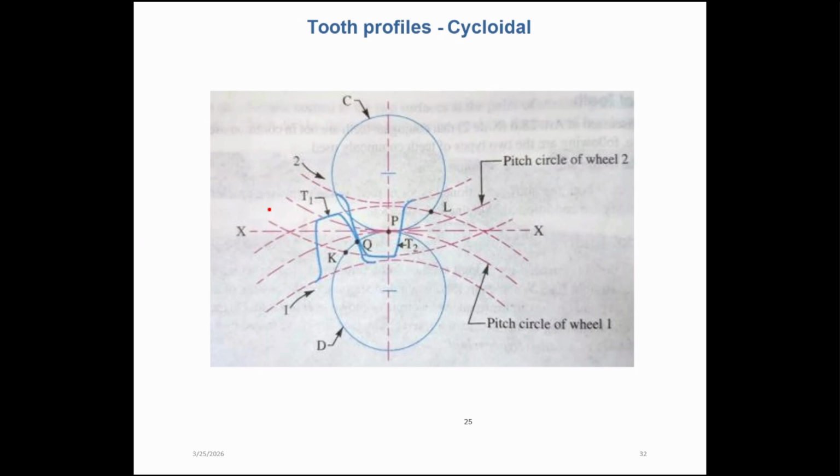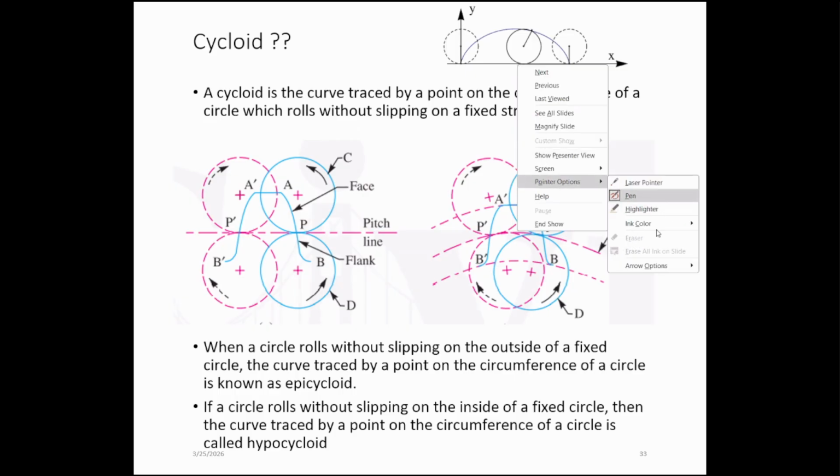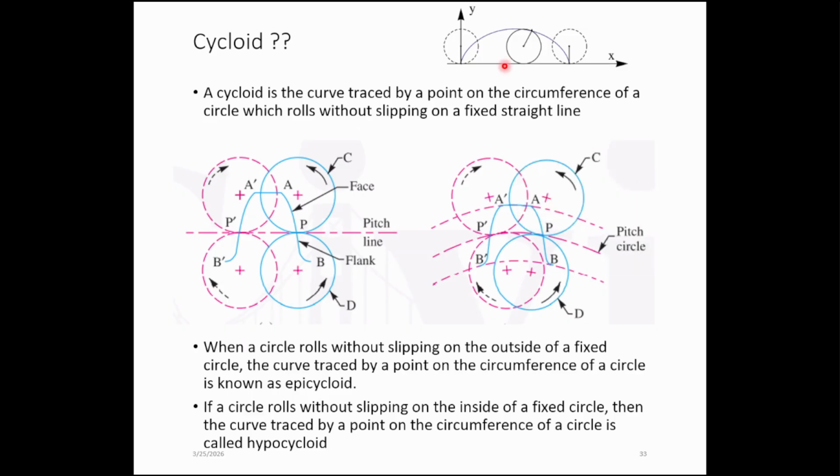What do you mean by cycloid first? A cycloid is a curve traced by a point on the circumference of a circle which rolls without slipping on a fixed straight line. To explain you further, I have included one figure at the very top.